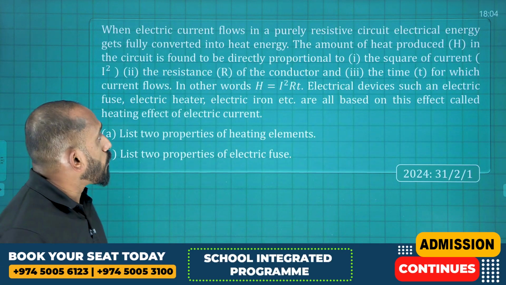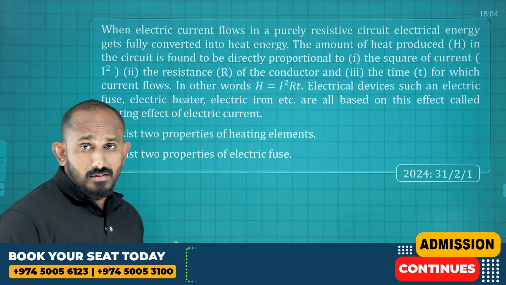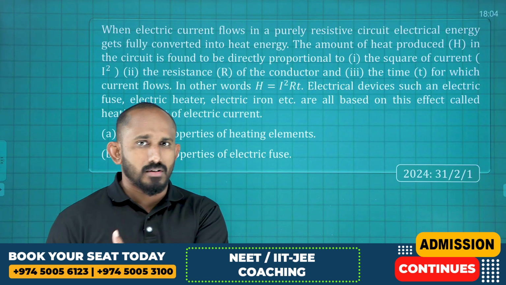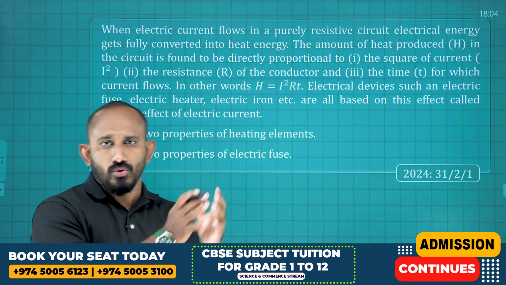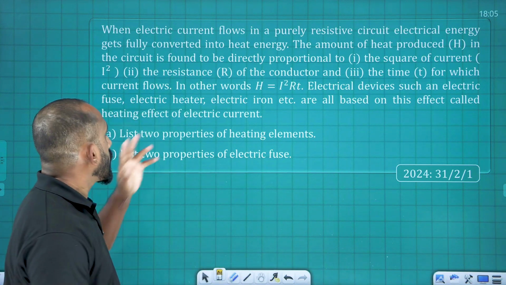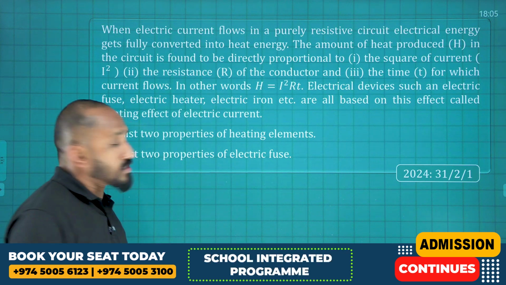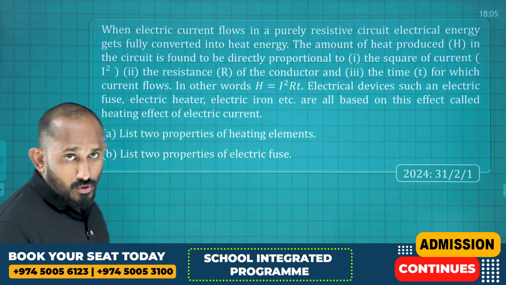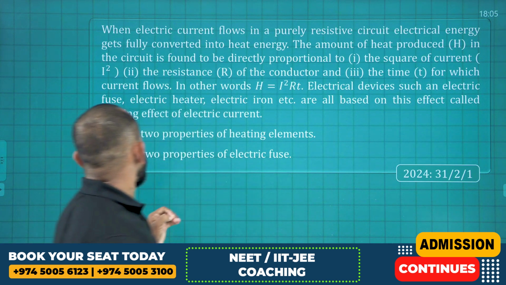when electric current flows in a purely resistive circuit, electrical energy gets fully converted into heat energy. See that statement we told just before. Whenever current passes through a purely resistive circuit, that electrical energy is converted to heat energy. The amount of heat produced in the circuit is found to be directly proportional to the square of current I square, the resistance R of the conductor, and the time t for which current flows.